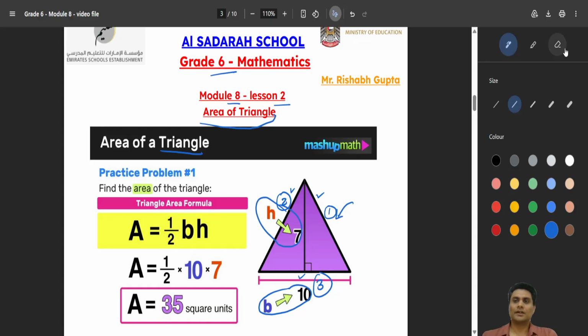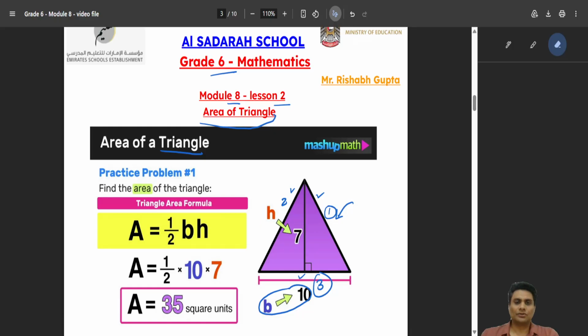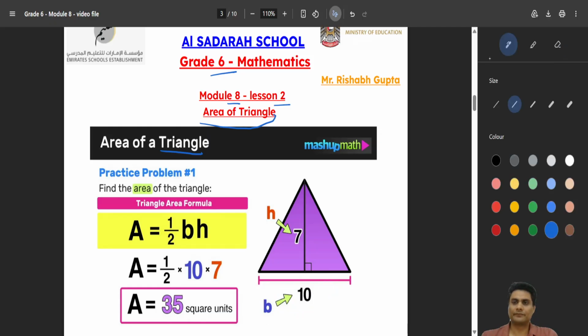If someone asks you to find the area of a triangle, the formula will be half of base times height. Half of base times height. Here the base is 10 and the height is 7.